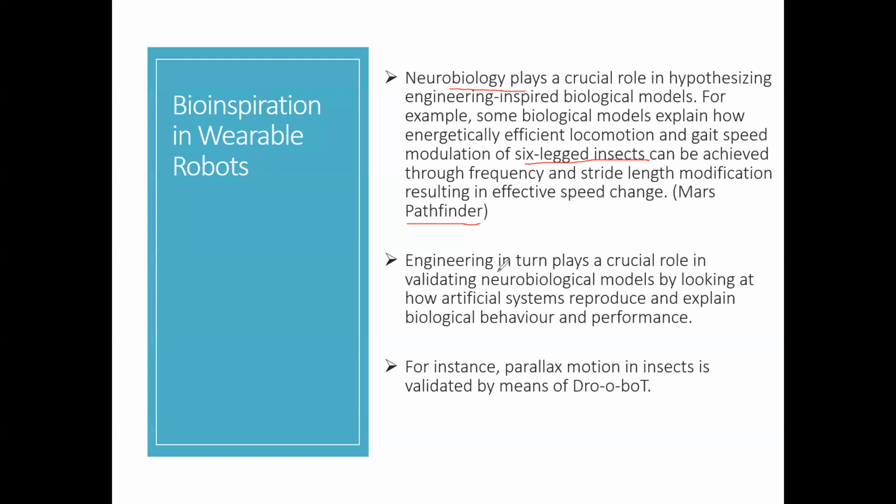There have been many interesting applications, such as parallax motion in insects. This is not contextual, but still we can talk about it. Insects, especially flies, the most notorious ones, have lived with humans since ages and have troubled us a long time.